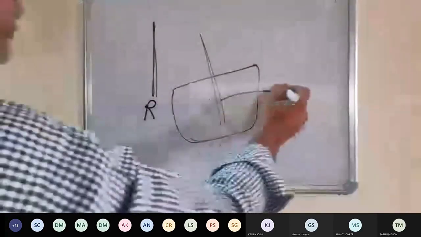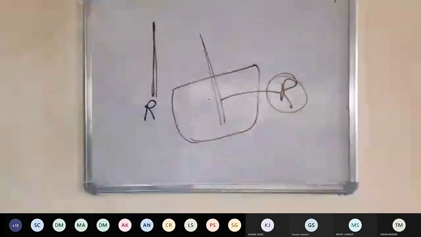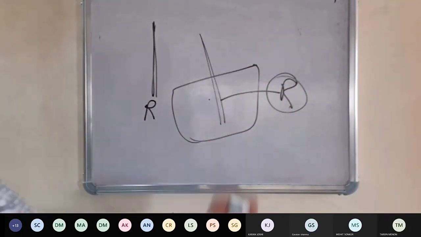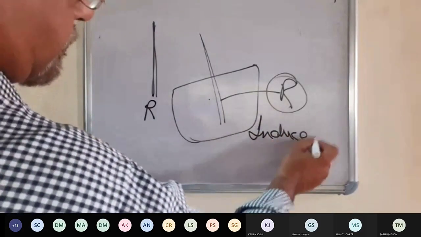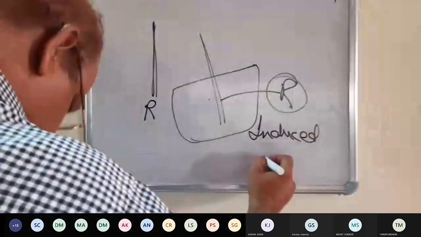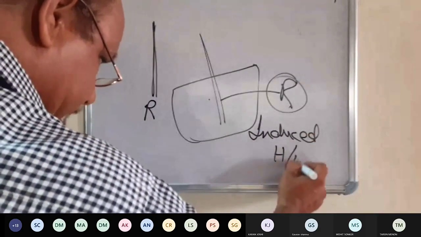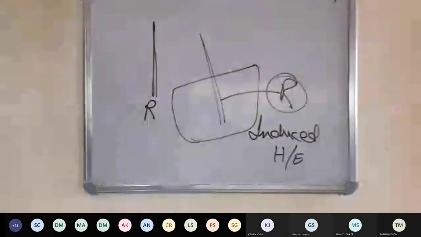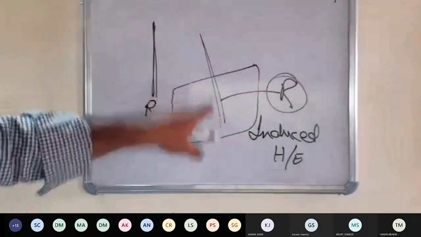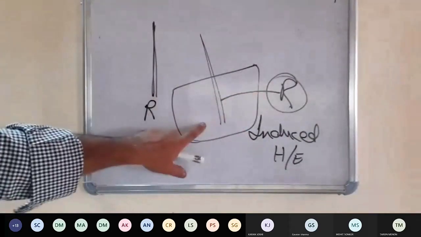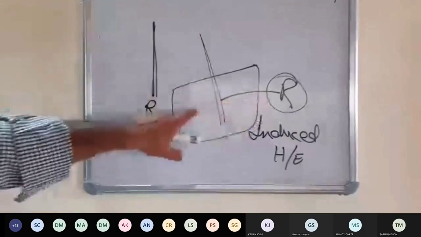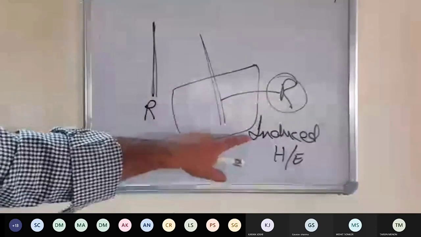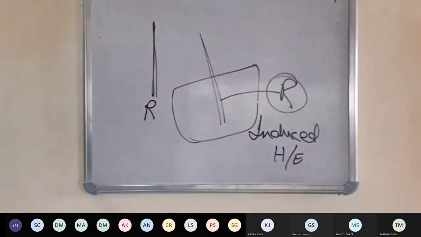So R is one cause of the heeling error. The second cause is induced heeling error. So one is fixed, the vertical component of the permanent magnetism R, which is going to cause this deviation. The other one is induced heeling error.